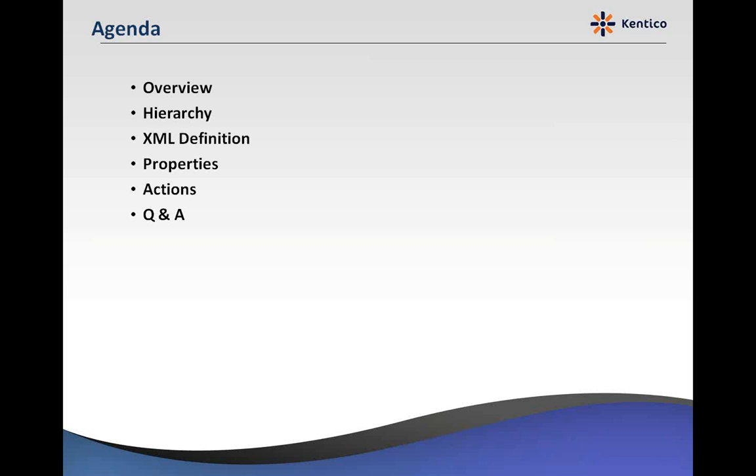I'm not sure whether all of you have come in touch with the UniGrid, so I will show you what it is. Then we will take a look at the hierarchy and the design of the UniControl. We will then talk about the XML definition for the UniGrid, because the XML definition is probably the most important part of the whole initialization process of UniGrid.